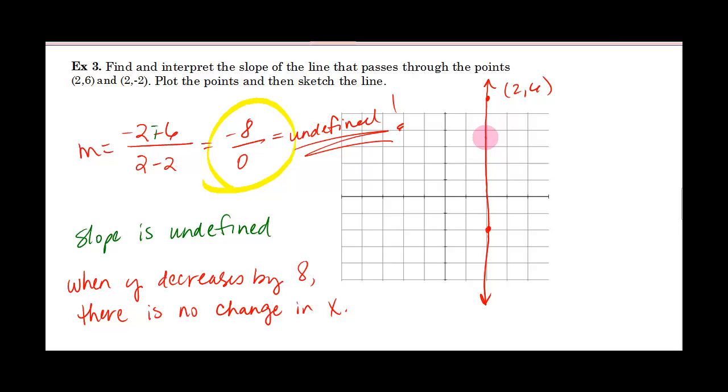My x value did not change for any of these points along here, did it? They were all the same. Remember that this would be a line where x would be equal to, in our case, 2. See, the x value is never going to change when you plot any of these points along that line.